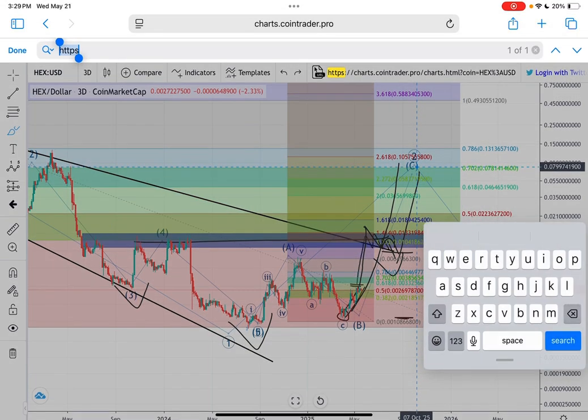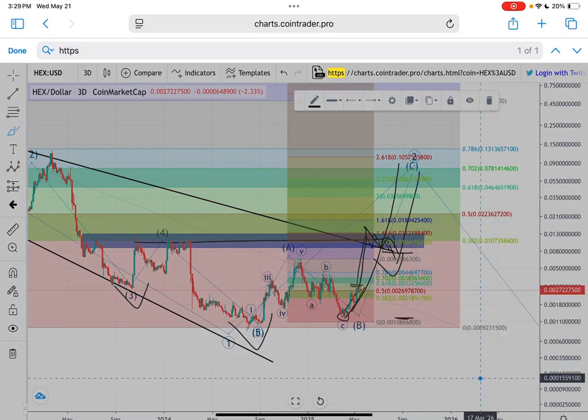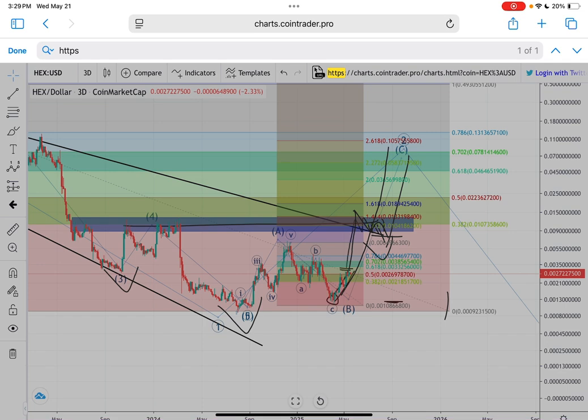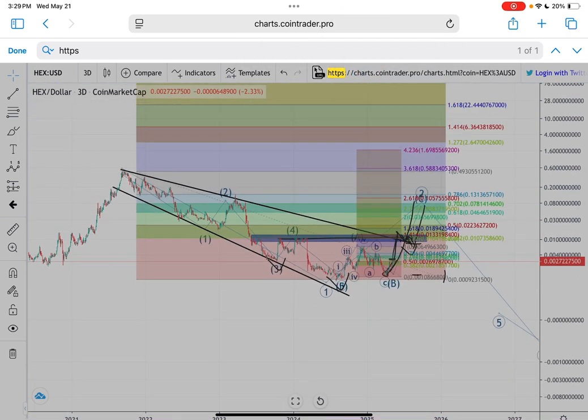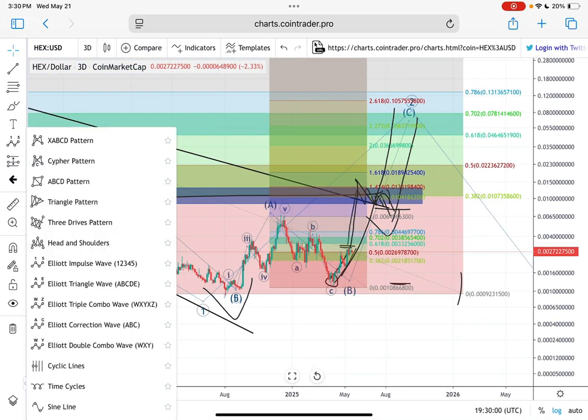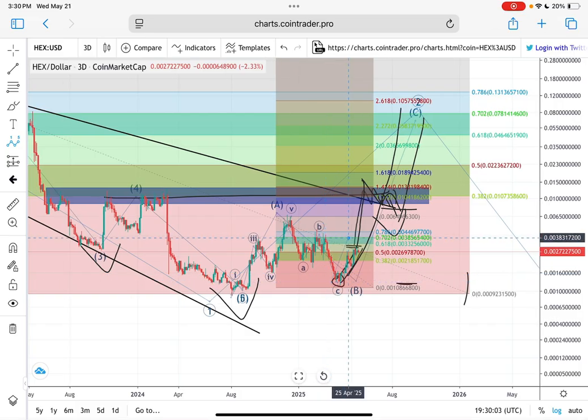So from an Elliott wave point of view, it would look like this. This would be your wave 1 up here. You have your wave 2. This is your 3rd wave. Come down for a 4th, and then you have your 5th wave like this.